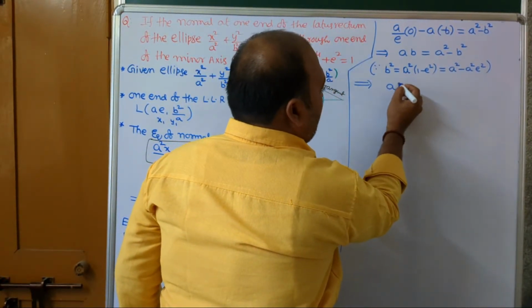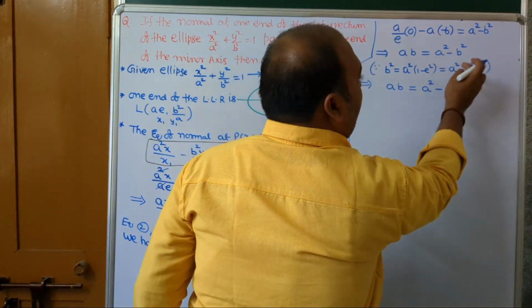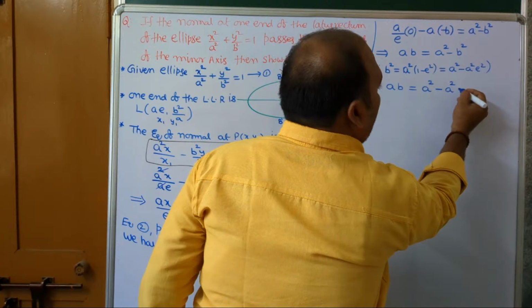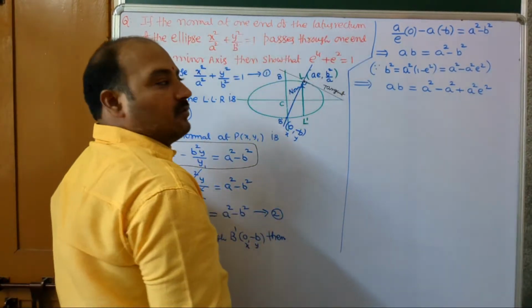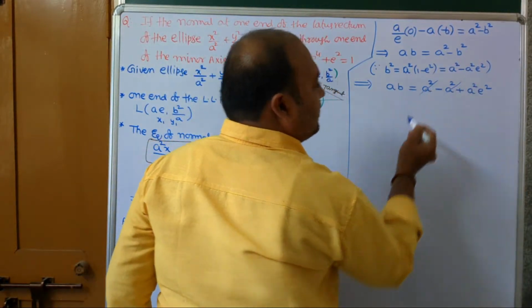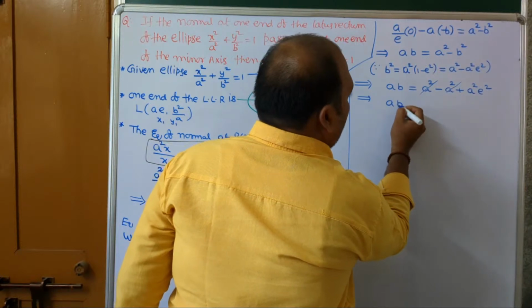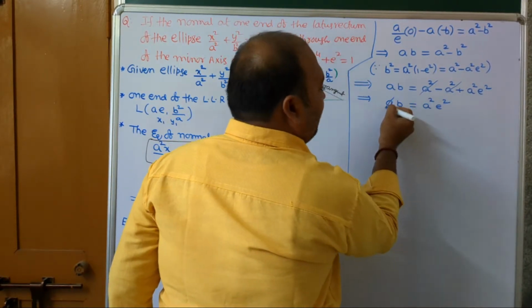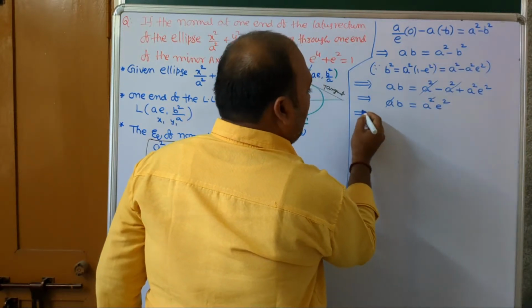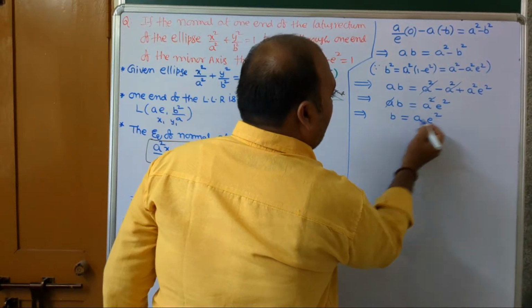So ab is equal to a square minus (a square minus a square e square). So these two will be cancelled, plus a square minus a square. So ab is equal to a square e square. So one of the a also cancels. You will get b equal to a e square.